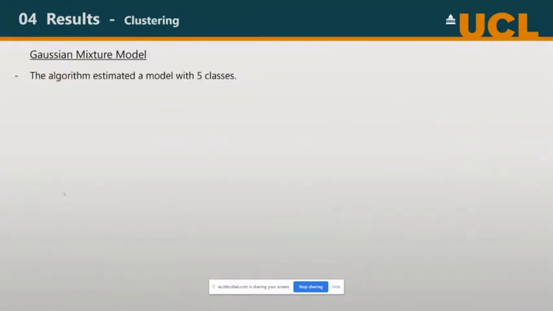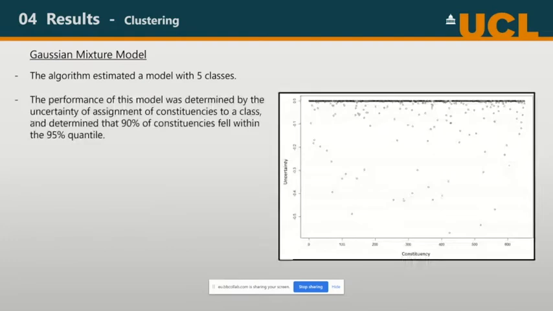Then onto the Gaussian mixture model, and this algorithm estimated a model of 5 classes. In other words, it said that the constituencies, with the information I've given, can be split into 5 specific public opinion classes.